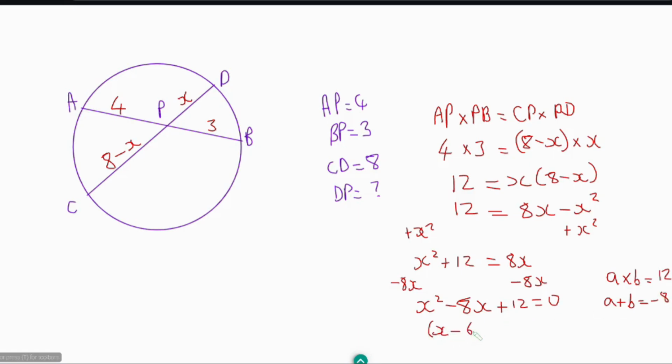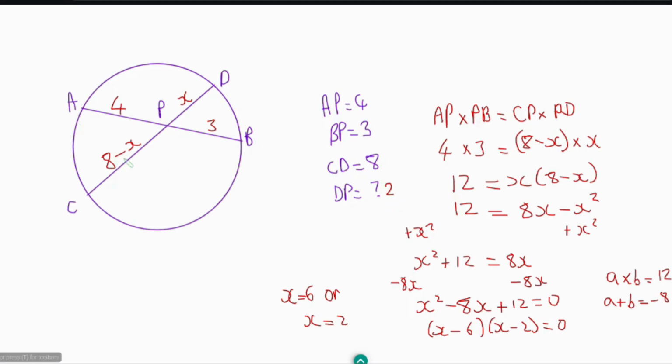Minus 6 and minus 2. Negative 2 times negative 6 is 12. Negative 6 add negative 2 is negative 8. Solve. X is 6 or X is 2. So here, PD would be 2.